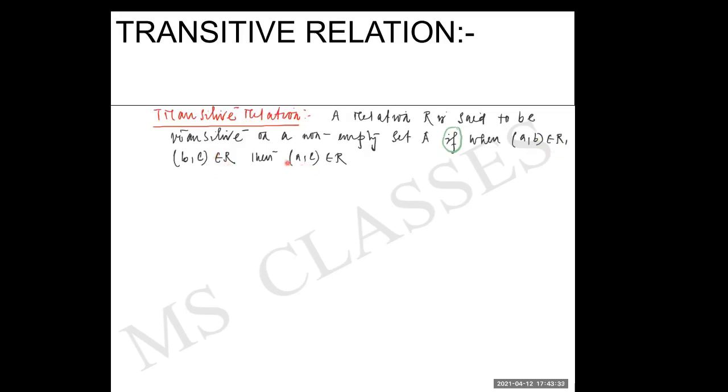If the third one is present, then it's transitive. If the third one is not present, not transitive. If you are given these two, and after that you get this one, then it is transitive. If you are not getting this one, then it is not transitive.